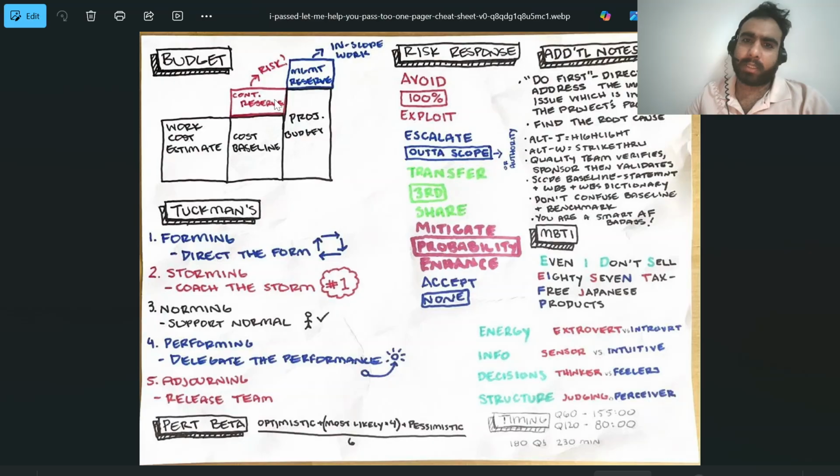The first thing is that we can avoid the risk 100%. We are doing nothing. Risks happen, it's okay, fine. The simple example is that if the chances of a car getting stolen are high, the best way to avoid this is don't buy the car.